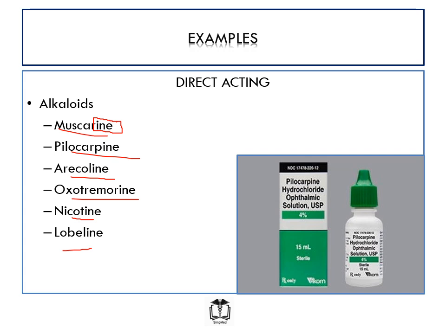Now, muscarine is important to note because muscarine tends to be particularly selective to muscarinic receptors, hence the name. Nicotine as well is selective to nicotinic receptors, hence the name. Muscarine is usually gotten from fungi. Nicotine is typically known for its use as an illicit drug in cigarettes. Most of the other drugs are used for clinical conditions, and we'll talk about that when we get to the indications and uses.